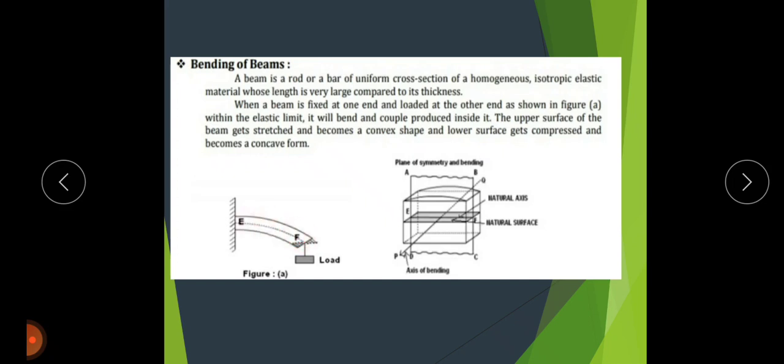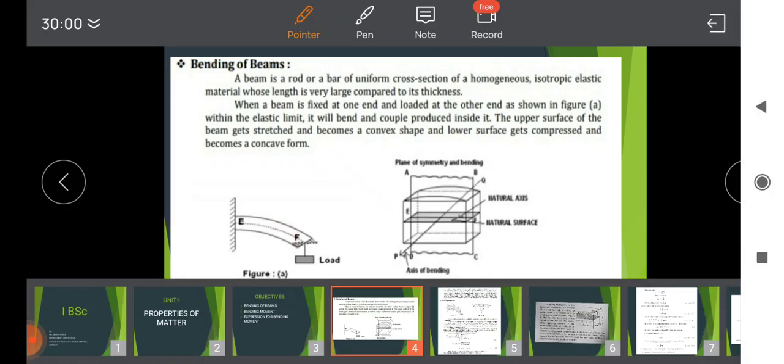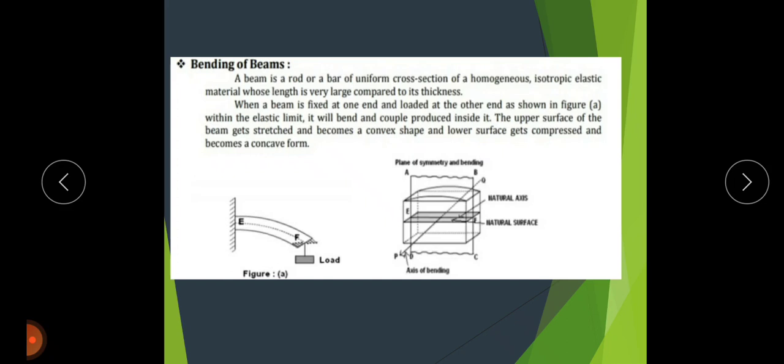Both decrease progressively as we proceed towards the section of the beam containing the axis EF. Towards EF, the extension and compression of the bar are minimum.